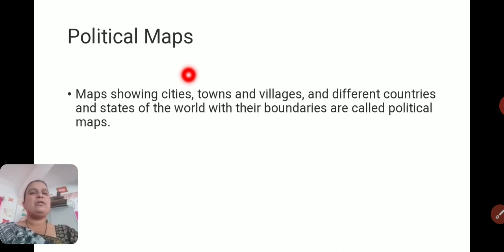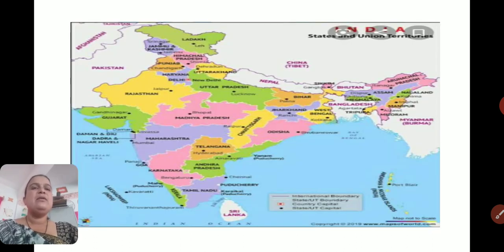What are political maps? Maps showing cities, towns and villages and different countries and states of the world with their boundaries are called political maps. In simple terms, political maps show various places with their boundaries. Let's see the example.